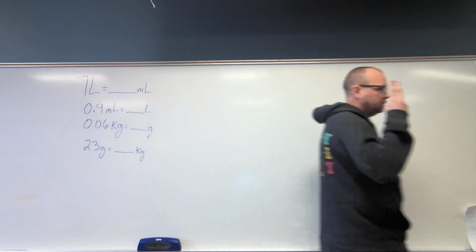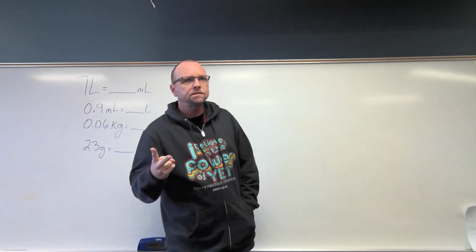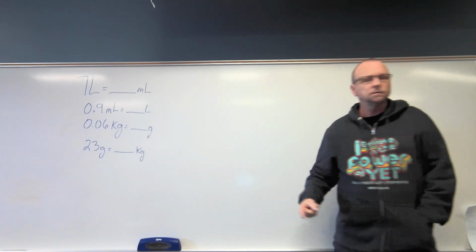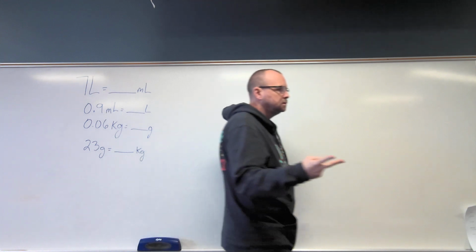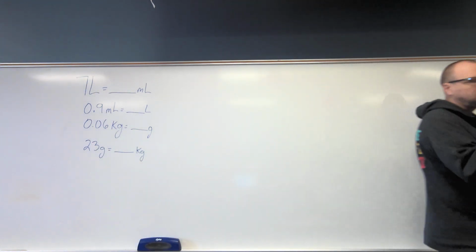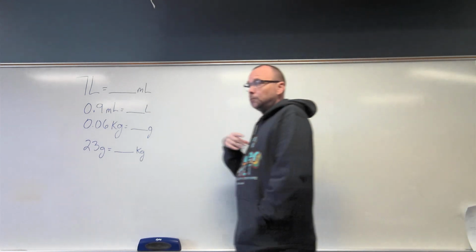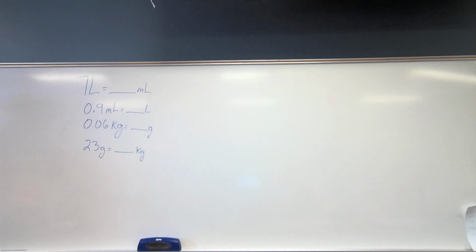A kilogram is 1,000 grams. A kilometer is 1,000 meters. A kiloliter is 1,000 liters. It's all the same relationship. So if you know the relationship between kilometer, centimeter, and millimeter, then you know the liters, and you know the grams.